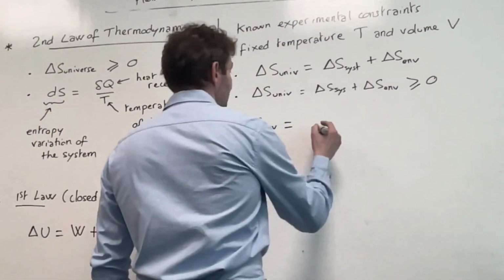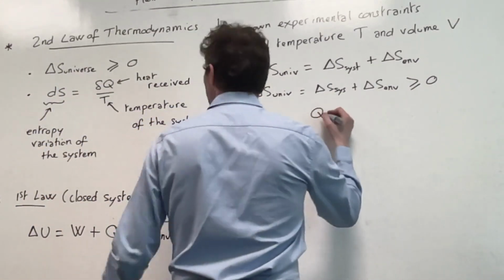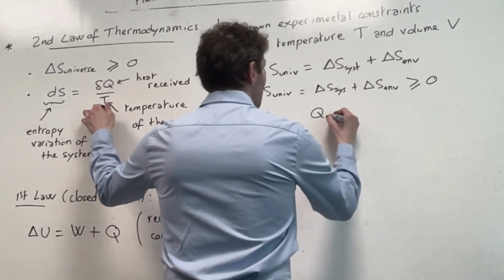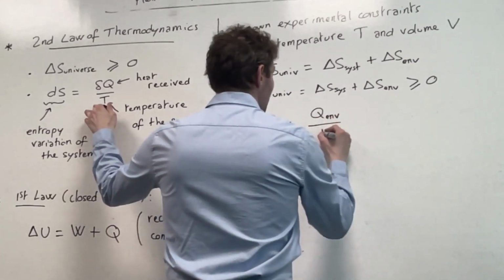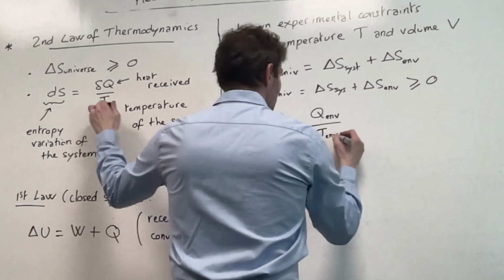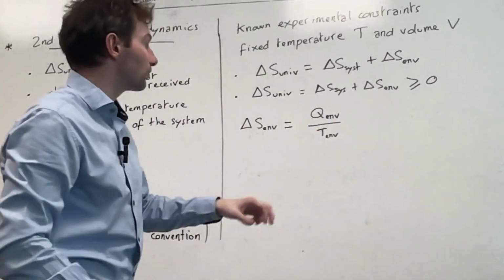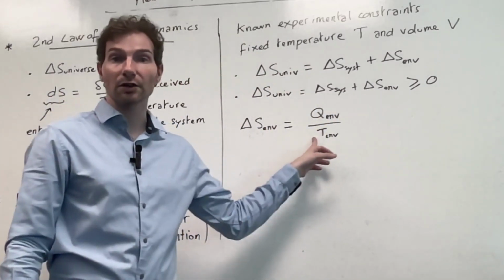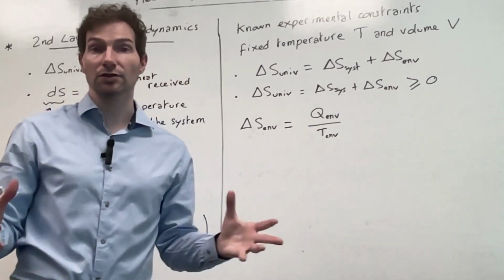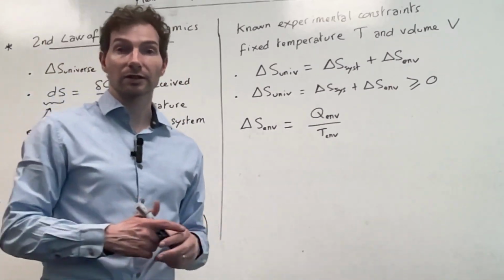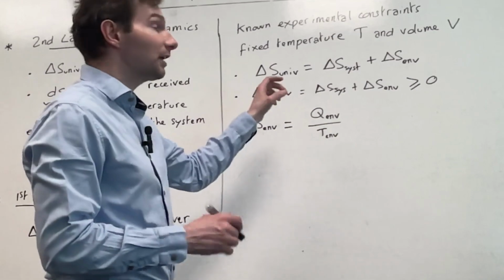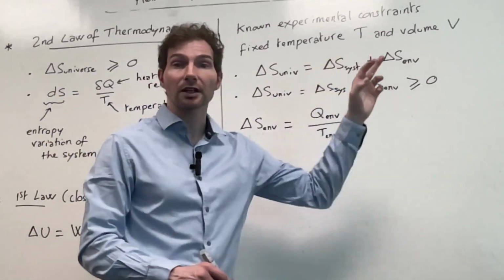Therefore, I'm going to write from this equation: this is Q of the environment divided by T of the environment. And here I've used the fact that the temperature of the environment was considered constant in that particular situation, and that can also be justified by that.